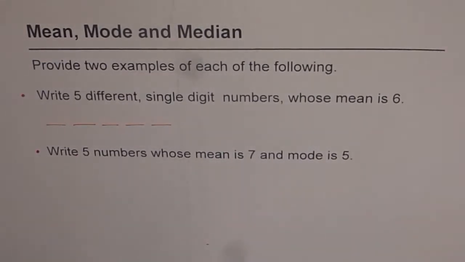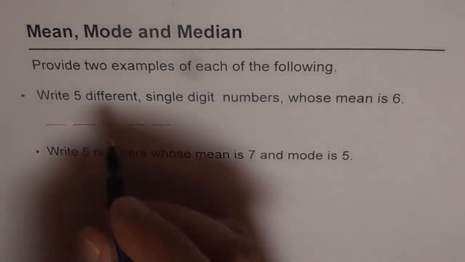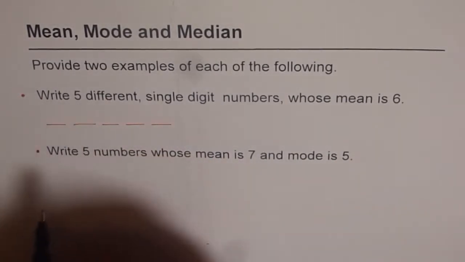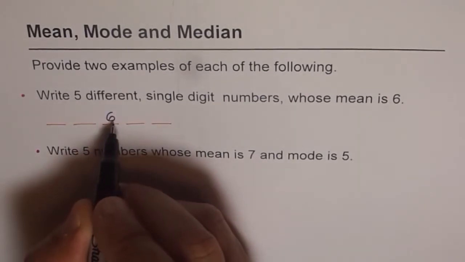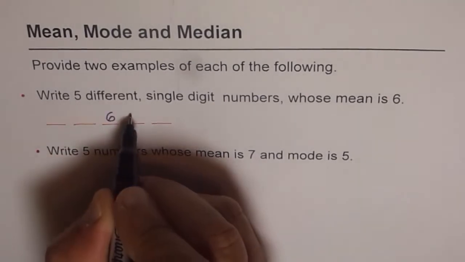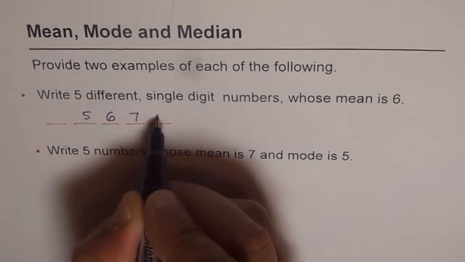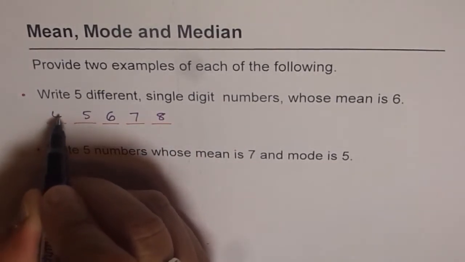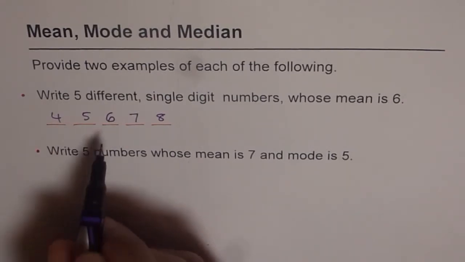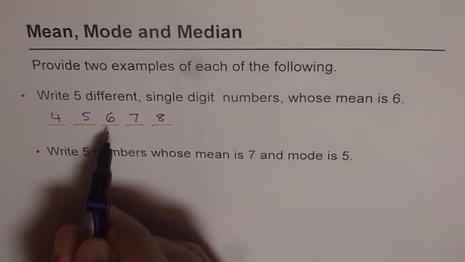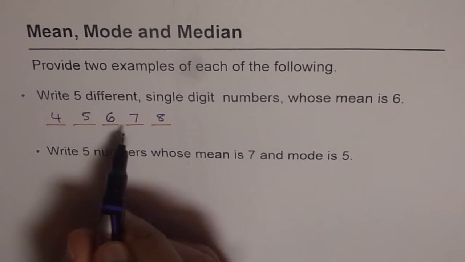So one of the best answers is, if you want a mean of 6, then write 6 right in the center. These are 5 numbers, right? Write 6 right in the center. Write one number more and then one less. Let's say 7 and 5 and then 8 and 4. So that is how you can get 5 numbers with 6 as the mean, and all 5 are different.